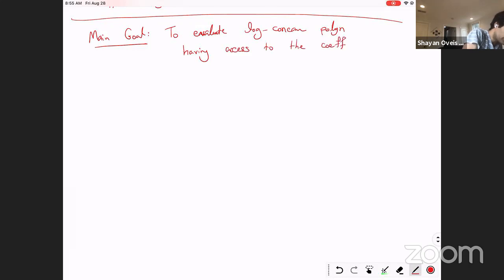Let's say you have an oracle that, if you give it a monomial, will spit out the coefficient of that monomial. Now you want to use this oracle, maybe calling it multiple times, to evaluate your log concave polynomial. As a consequence, this would show that you can count the number of bases of any given matroid, as long as you can test whether a given set is a base or not.